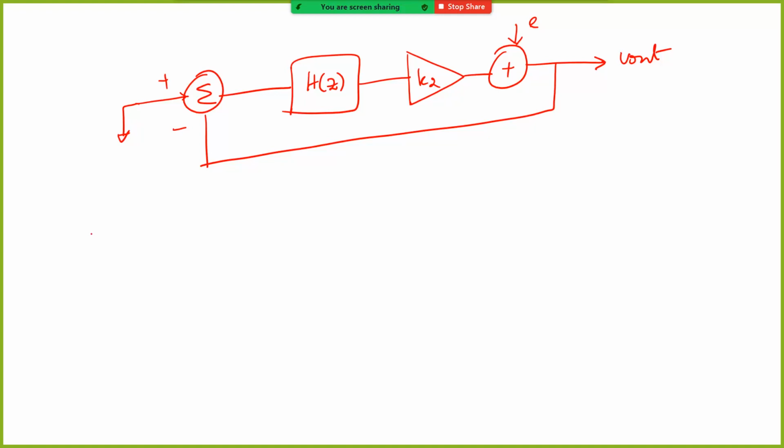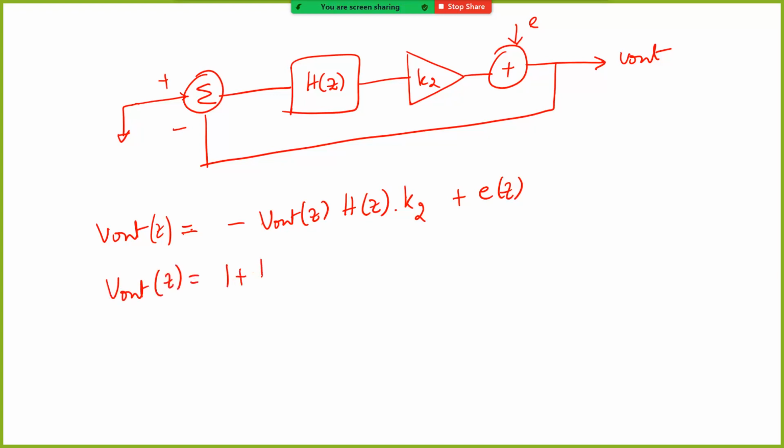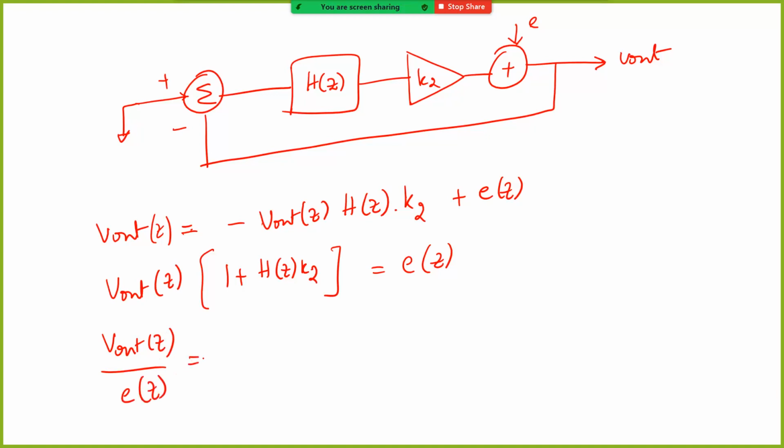V out of Z is nothing but minus V out of Z multiplied by H of Z multiplied by K2, plus E of Z. So this can be written as V out of Z times 1 plus H of Z into K2 is equal to E of Z. So V out of Z divided by E of Z is the actual noise transfer function.